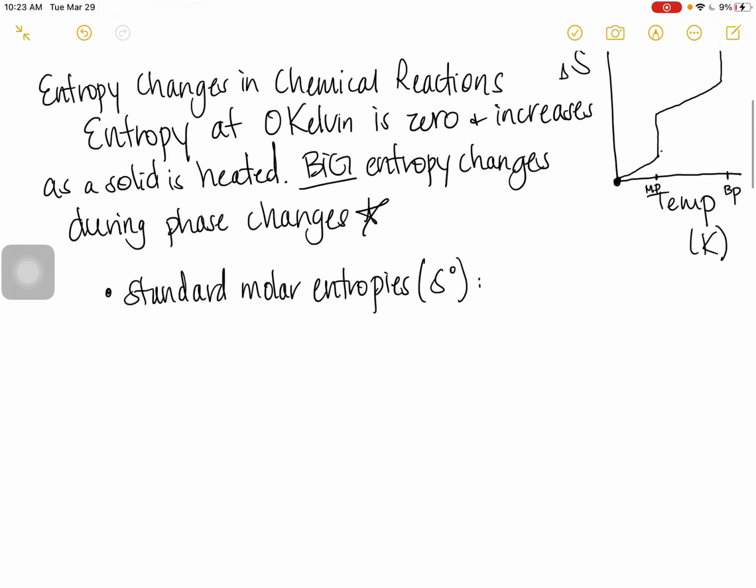And then now we're going to talk specifically about something called standard molar entropies. And they get this not symbol, right, that little degree symbol, which means standard.